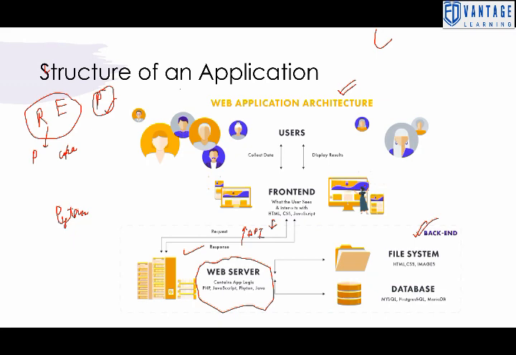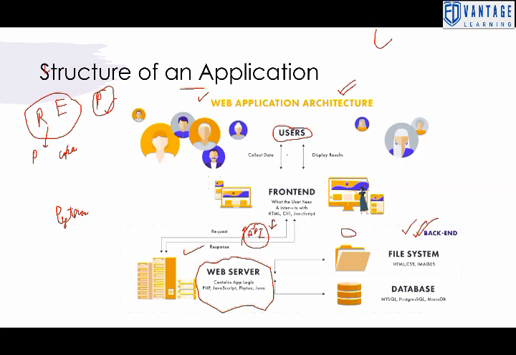Okay. So the structure of a particular application or software looks like this. There will be one front end and one back end, and there will be communication between this front end and back end. That particular communication is done by APIs. We will dive deeper into what an API is later, but just assume that API is your waiter, users are your customers present in a particular restaurant, and back end is your cook or chefs.